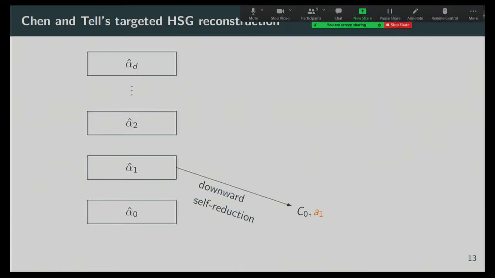They use it together with the downward self-reduction to compute the advice that they need to build a circuit for the next polynomial, build that circuit using the Nisan-Wigderson reconstruction, plus Goldreich-Levin and some error correction for polynomials, and they keep going. So now they do it for the next circuit, for the next polynomial, until they get to the last one and output f of x.